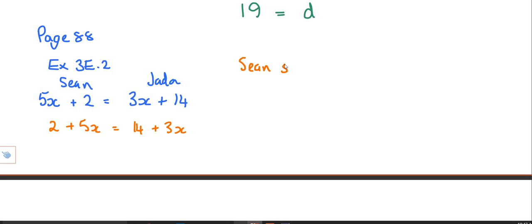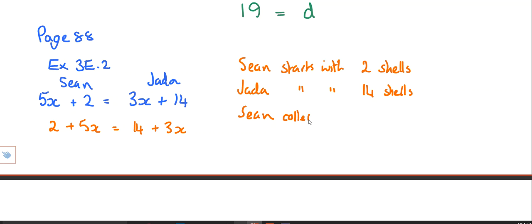Sean starts with how many shells? 2 shells. Jada starts with 14 shells. Sean collects 5x shells a day.